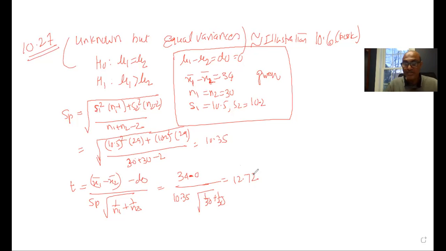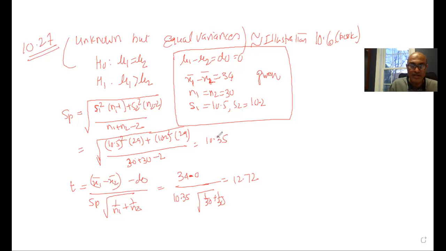This is 12.72. And now I can find my probability of T greater than 12.72, right, guys? Because we need to find the probability. Confidence interval is not given to us because we did not provide a significance level.